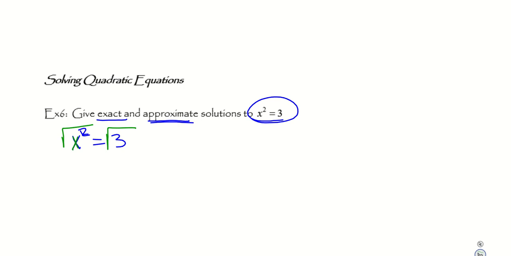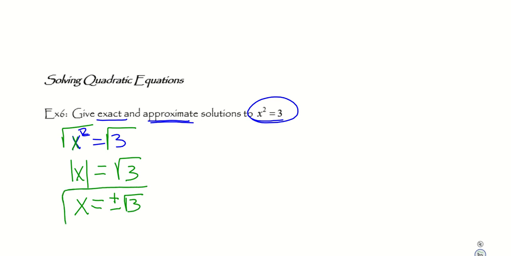And so the square root of x squared is actually the absolute value of x. So I have the absolute value of x is the square root of 3, which means x itself could be either positive or negative square root of 3. So that's one way. I get two solutions for a quadratic equation, which is absolutely what we would expect from a second degree polynomial.